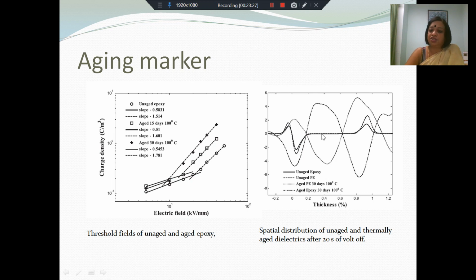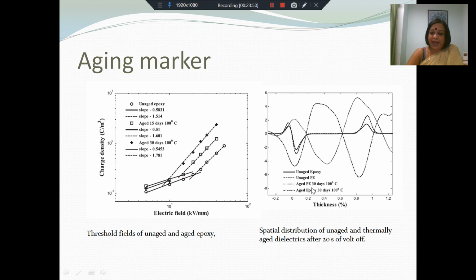However, both the virgin samples show no space charge accumulation in the volume of the dielectric. Again, at the other electrode, epoxy has low charge density, polyethylene has higher charge density. So it is material dependent, but neither of these virgin samples shows any kind of space charge accumulation through the thickness of the material.